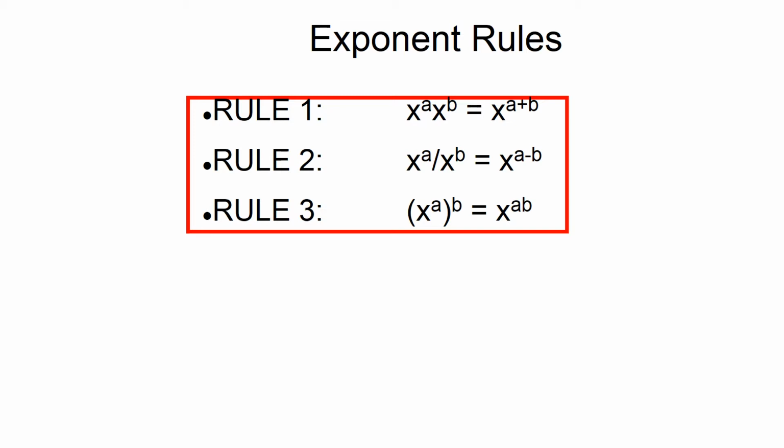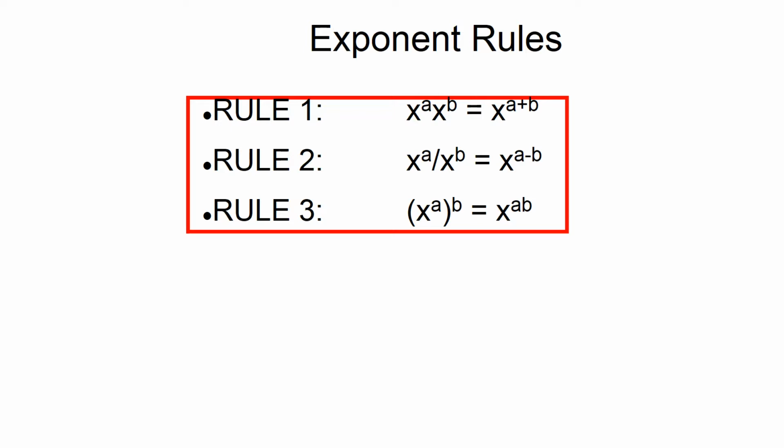So the first rule is that if you're timesing variables together, you just add the exponents together. In this case, this would be x to the power of 5. Also, just x on its own is the same as x to the power of 1.